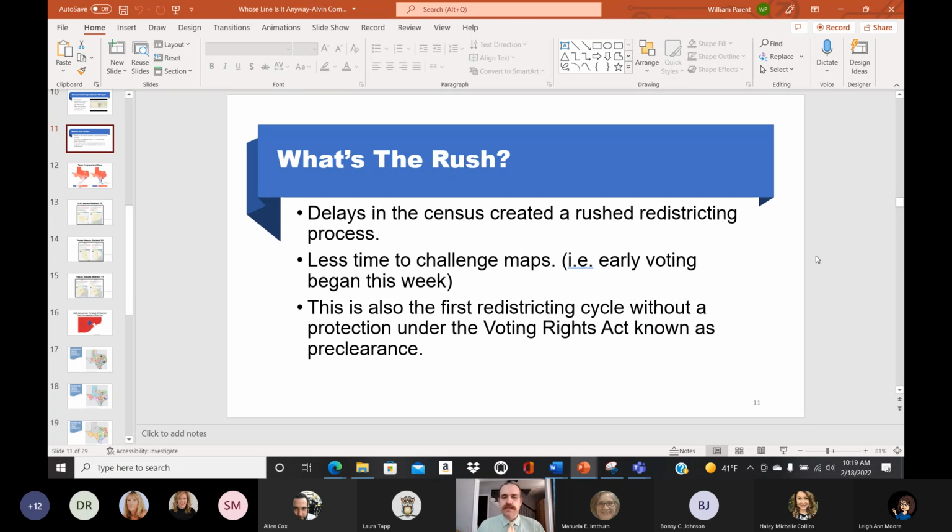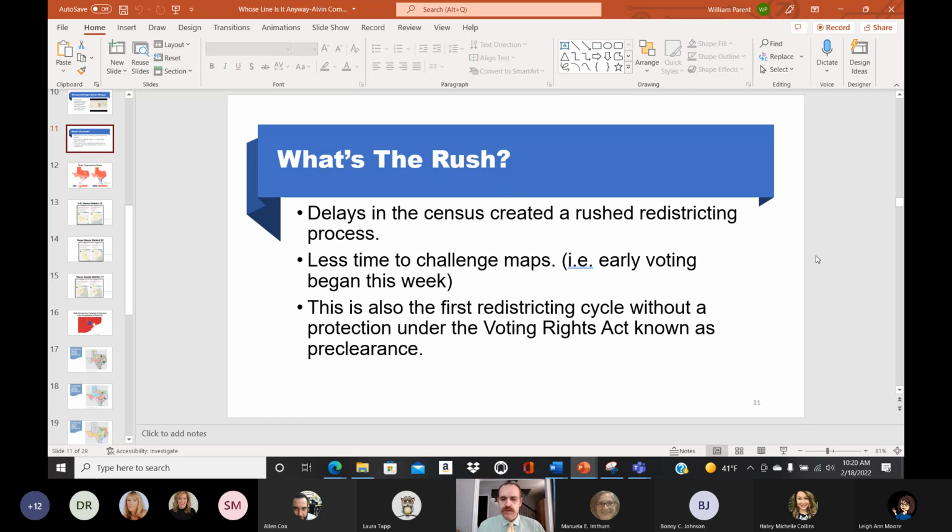What's the rush? Delays in the census created a rushed redistricting process, less time to challenge maps. Of course, we know that early voting began this week on Monday. And of course, we know that the primary election will take place on Tuesday, March 1st, just a couple of weeks from now.